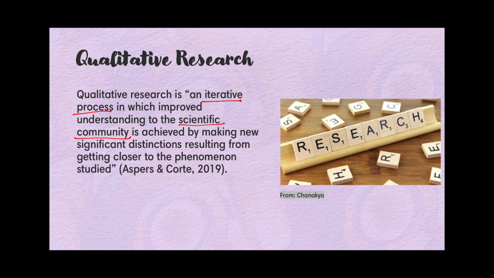But in qualitative research, the boundaries between the phases and the steps are blurred and quite porous, meaning you can be analyzing while you are collecting the data, and your analysis can influence the next data that you will collect. That's why the iterative process is very important when we talk about qualitative research.